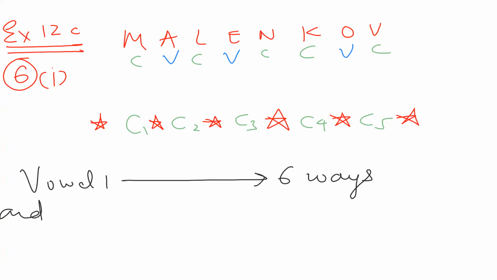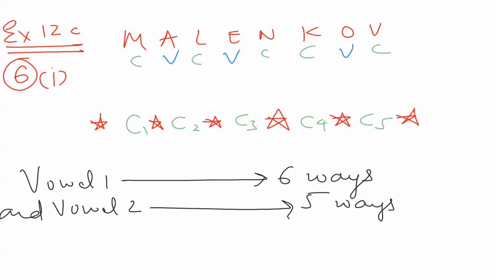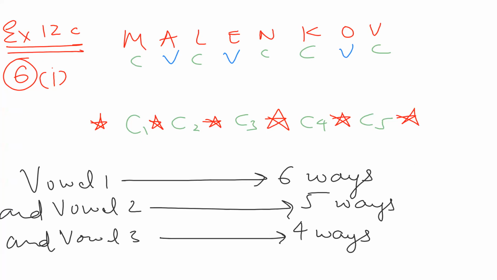And vowel 2 can be arranged in 5 ways. Okay. Because out of 6, one place is already utilized by vowel 1. So there are 5 remaining places for vowel 2. And vowel 3 can be arranged in 4 ways. Okay.